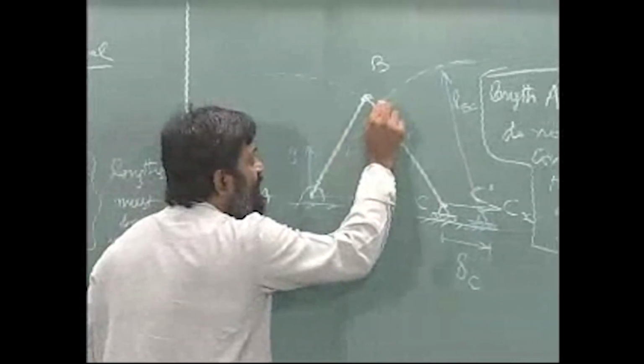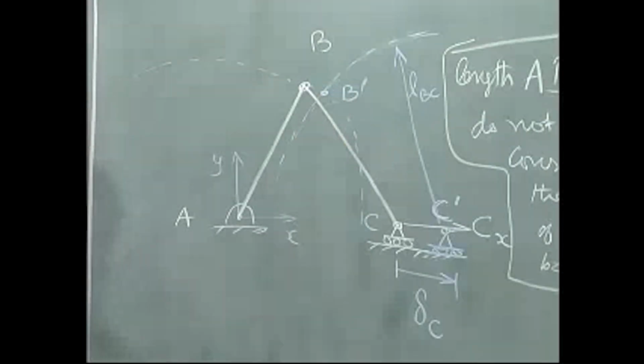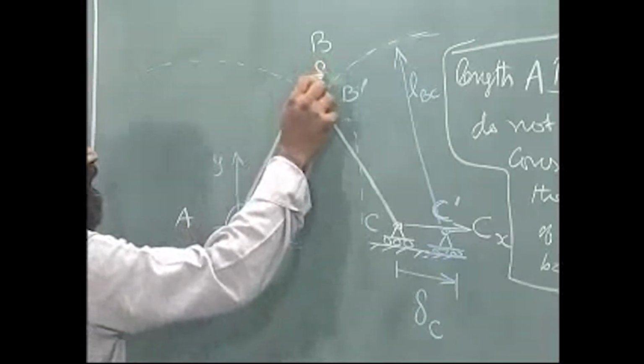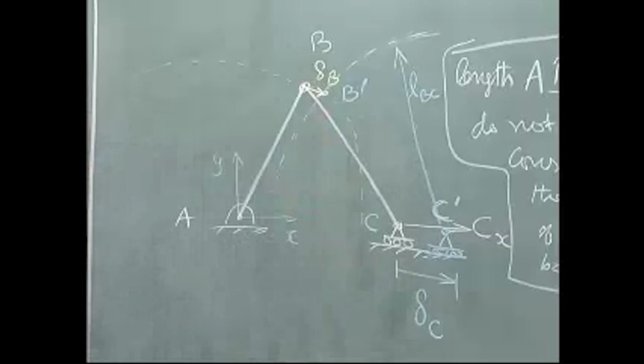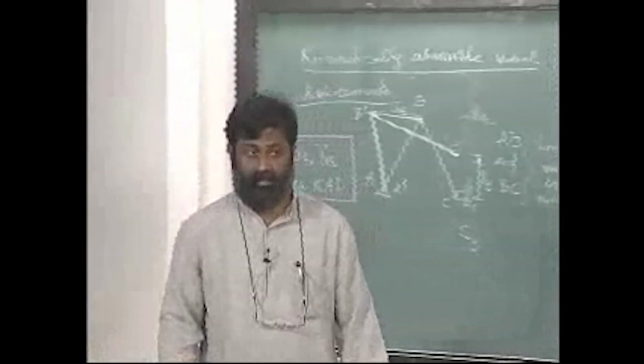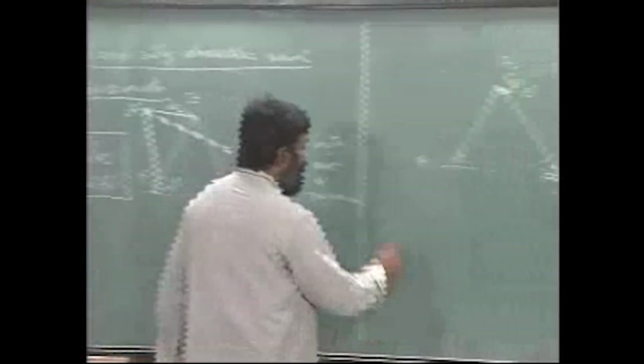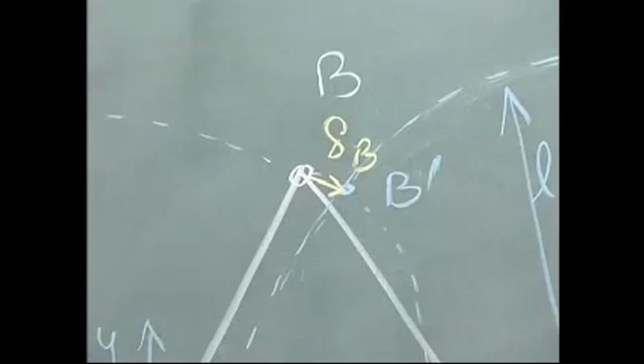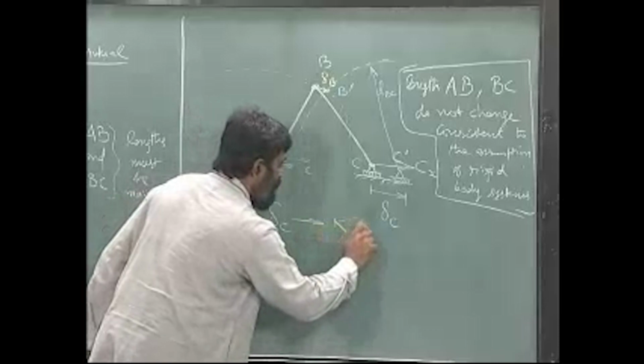Where it cuts is B prime, and therefore this is delta B, simple and clear, okay. What do I know? Delta B and delta C are kinematically admissible displacements.